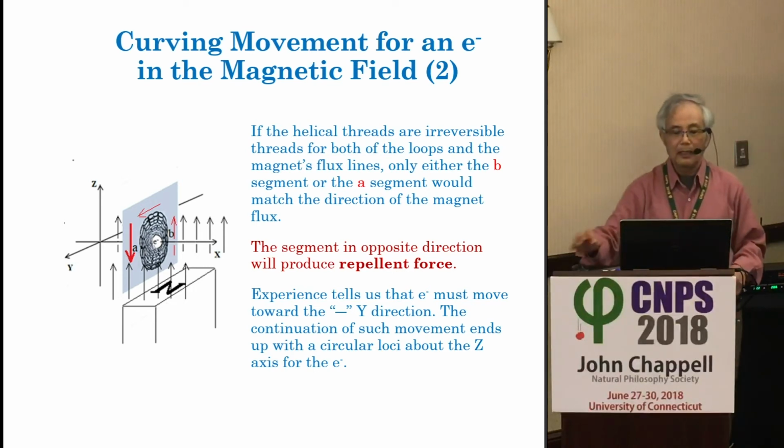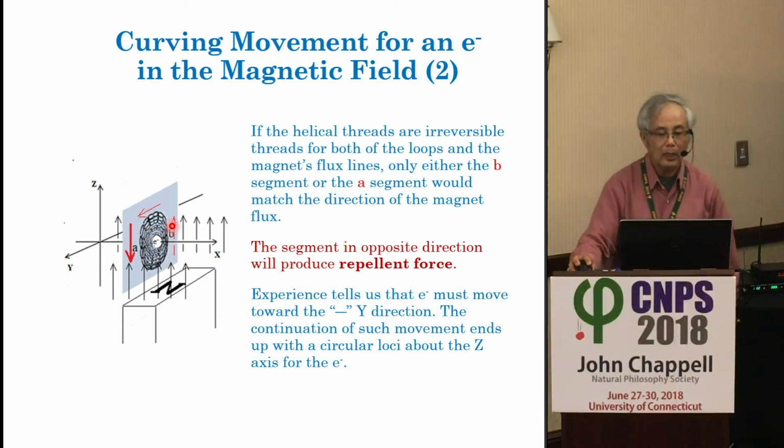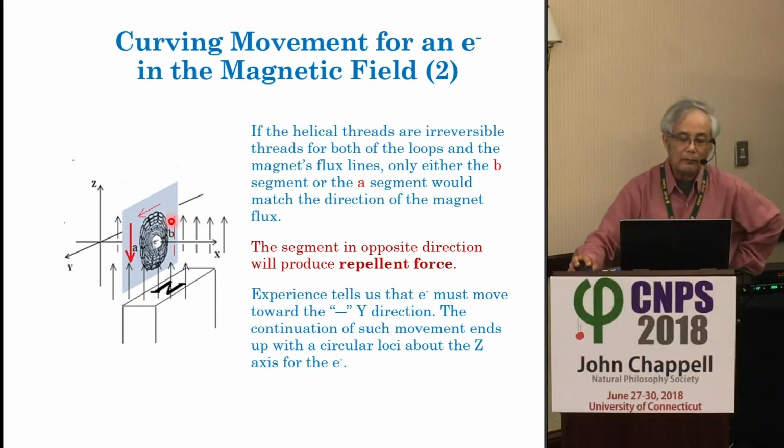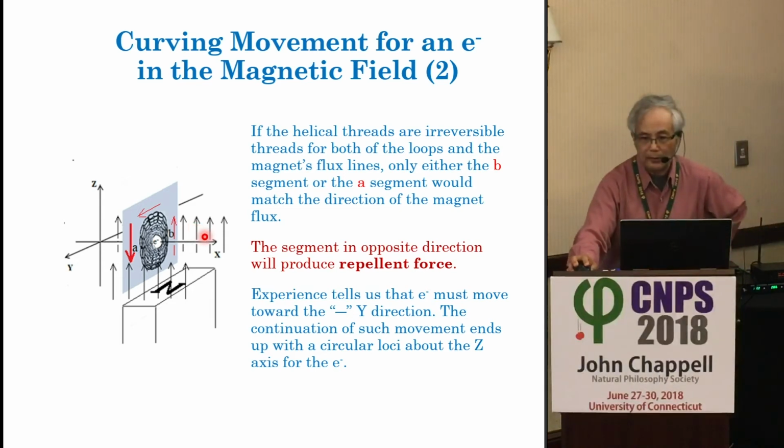But the helical arrangement from the electron's movement has only one direction of circulation. So only one section of this loop is in the same direction as the magnet flux.